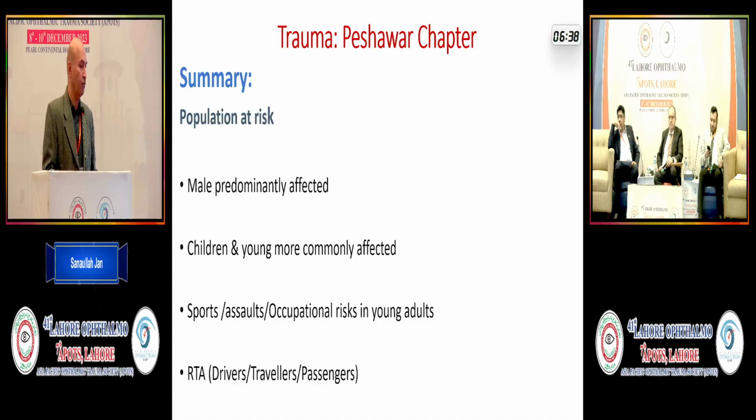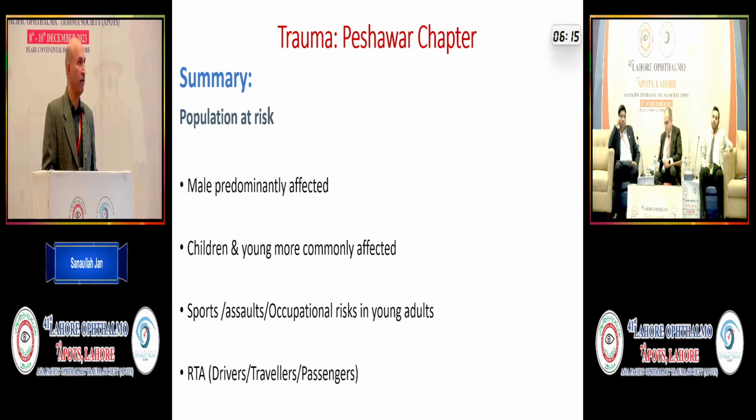Children and young people were more commonly affected. The young adults were those involved in sports, fights, and some occupations, like when they are laborers or breaking stones, things like that. So they received trauma while doing their professional jobs.